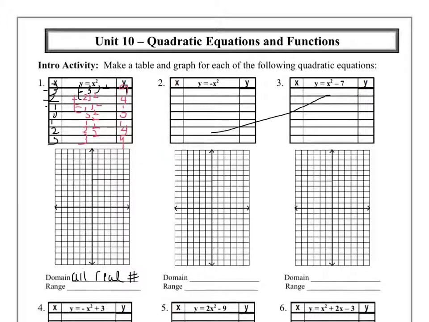Now I can graph my points. For example, this would be my first point. X is -3 and y is 9. So I'm going to graph on my coordinate plane. -3, 9. Let me see, 1, 2.